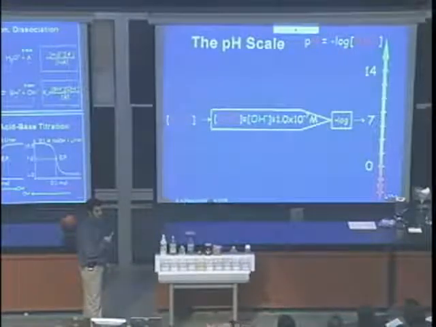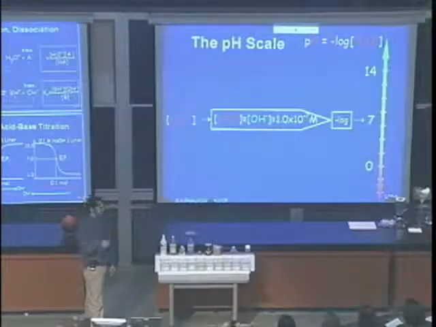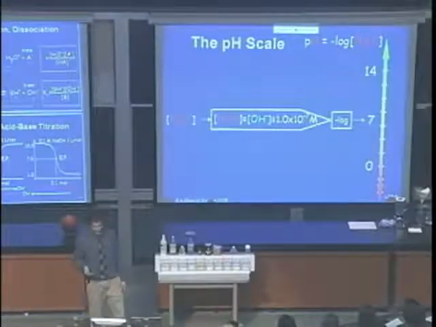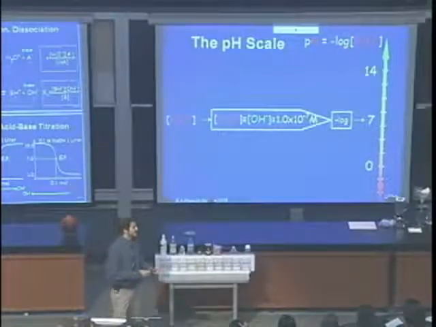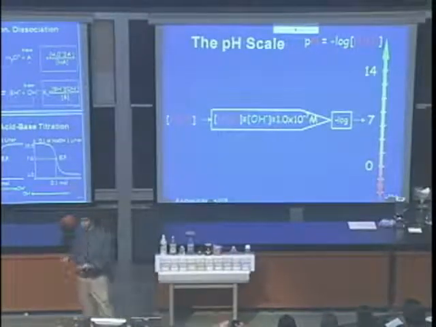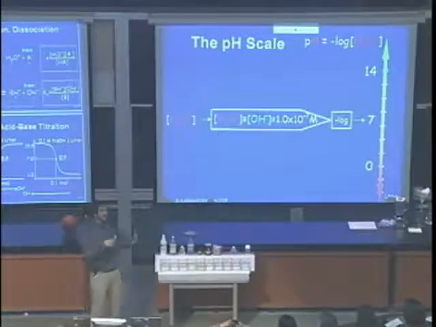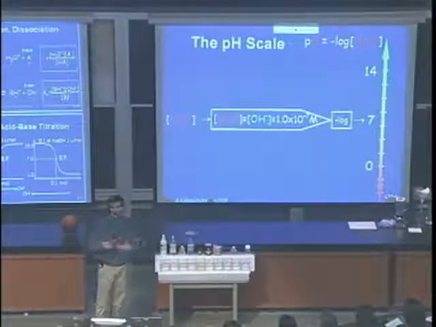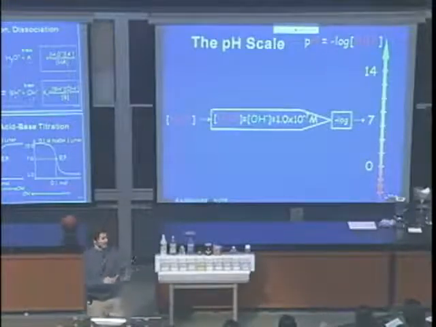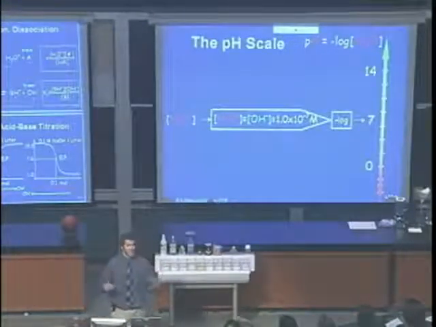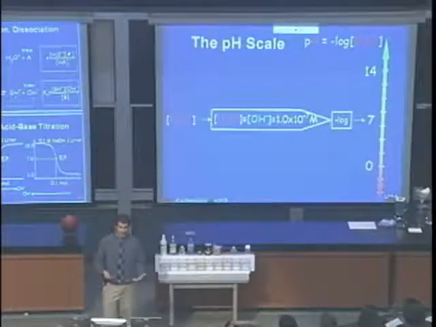Close. It is most often from 0 to 14, but you can have values outside of this. If I had a 10 molar HCl solution, that means I have 10 moles of HCl per liter. And if I have 10 moles of HCl per liter, what is my concentration of H3O plus going to be?